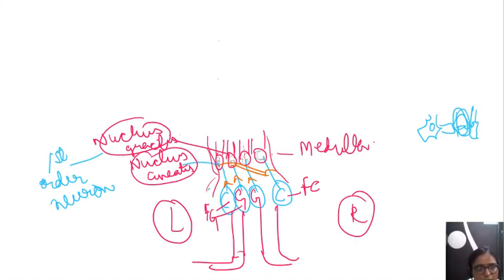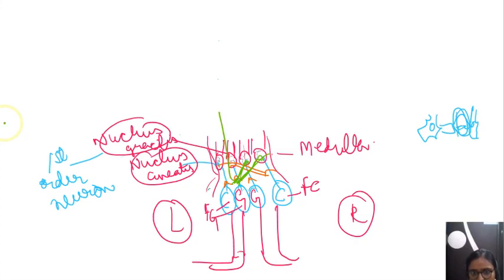I'll draw it with a different color so that it will be more clear. See, from the left side it is with the orange color, that fasciculus gracilis and fasciculus cuneatus, and this is from the right side with the green color, this fasciculus gracilis and fasciculus cuneatus. Can you see?